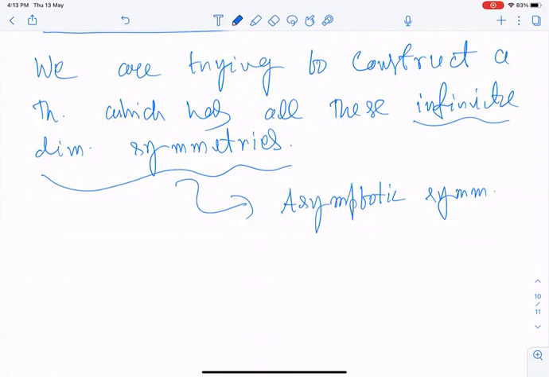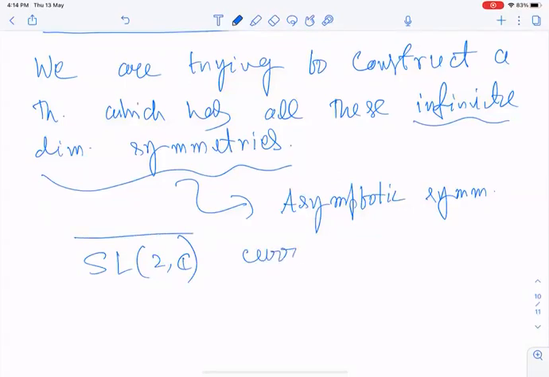But I'll not focus so much on the super rotations, but rather on what is called this SL2C bar Kac-Moody algebra which we discussed, which is the same as the Lorentz group plus the super translations.